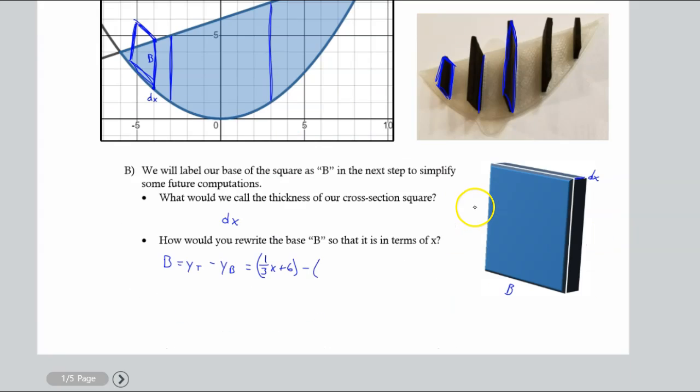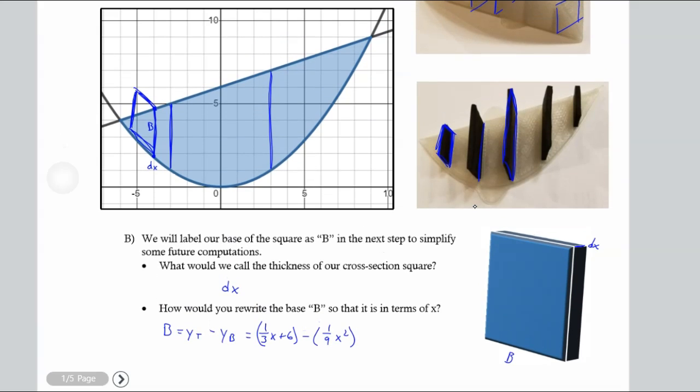So on the bottom, 1/9 x squared. All right. And you can go ahead and rearrange or simplify if you want to. There's not much you can do here, but that b would just be negative 1/9 x squared plus 1/3 x plus 6. So that would be the value for that b.